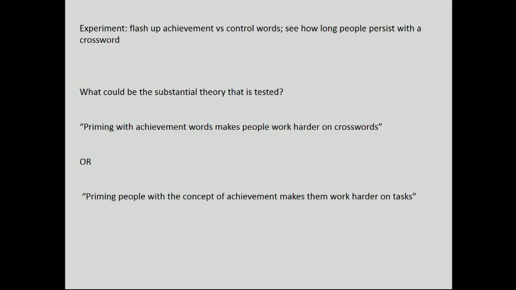Consider this experiment. I flash up, let's say, achievement words. So it could be words like success, victory, gold, something like that. Or in another condition, control words. And I see how long people persist with a crossword.